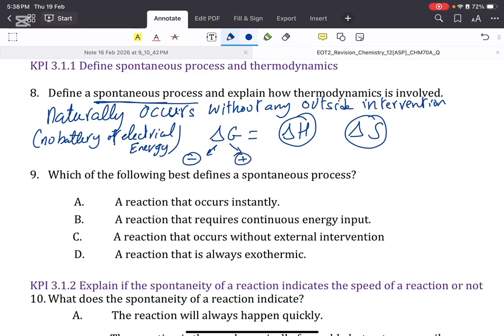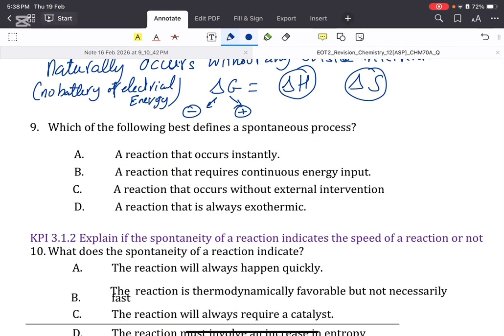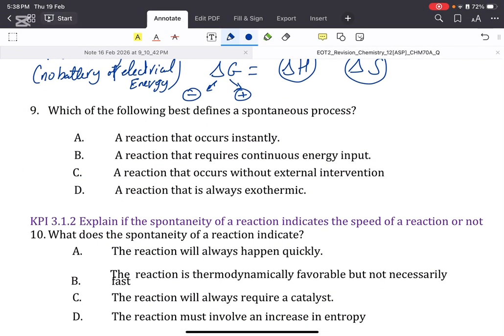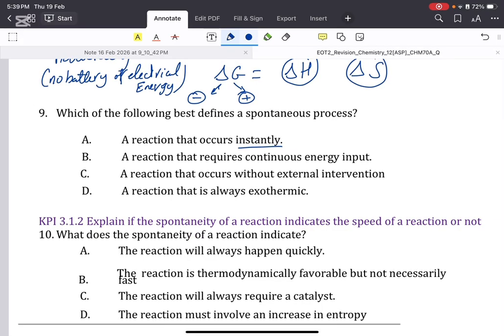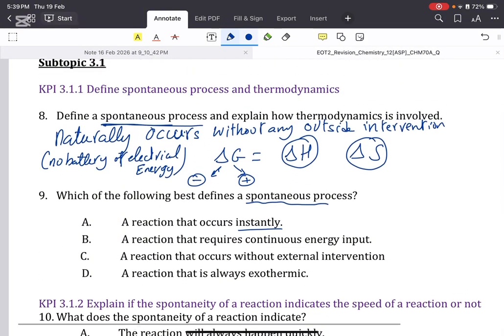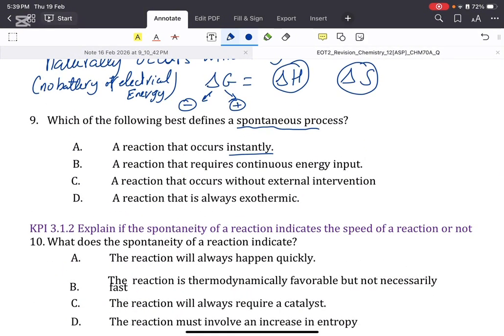If it is positive, we say the process needs outside intervention because it's not spontaneous. Which of the following defines a spontaneous process? Again, it's not necessarily a reaction that occurs instantly. I can have a spontaneous process that is slow, like rusting of iron. It takes days. And it's a reaction that requires continuous input of energy.